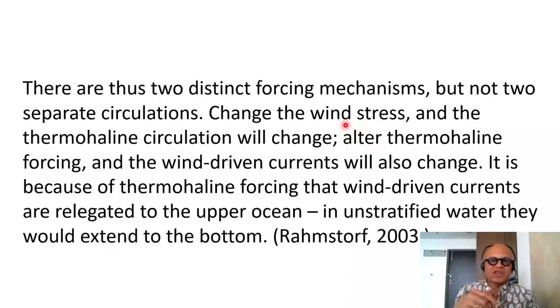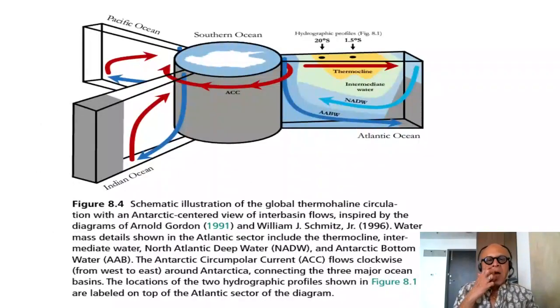I can feel the wind, and I'll see how bad the sound is. Change the wind stress and the thermohaline circulation will change. Alter the thermohaline forcing and the wind currents will also change. It is because of the thermohaline forcing that wind-driven currents are relegated to the upper ocean. In unstratified water they would extend to the bottom. Okay, so something to remember.